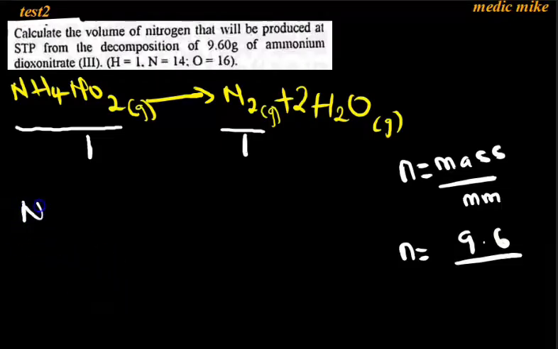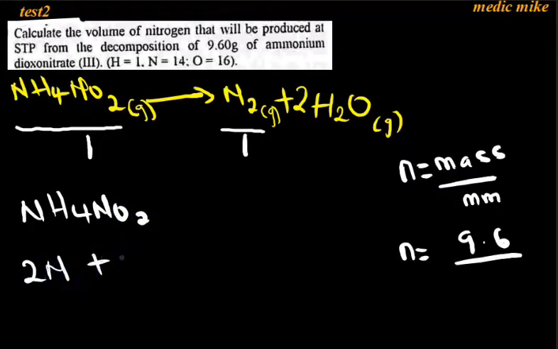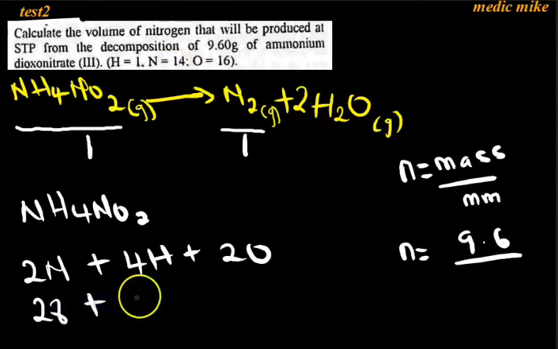We are going to look for it, and this is ammonium dinitrate. So here we have 2 atoms of nitrogen plus 4 atoms of hydrogen plus 2 atoms of oxygen. So 2 times 14, which was given to us in the question over here, will be 28. Now 28 plus 4 times 1, which gives us 4, plus 2 times 16, which will give us 32.